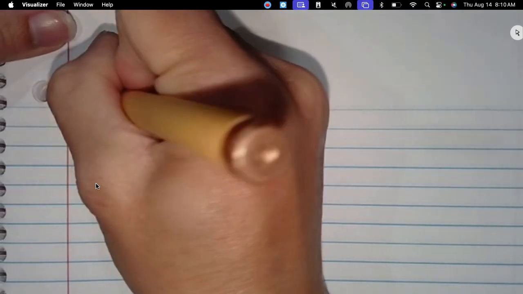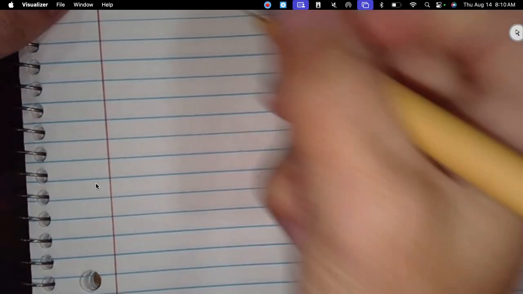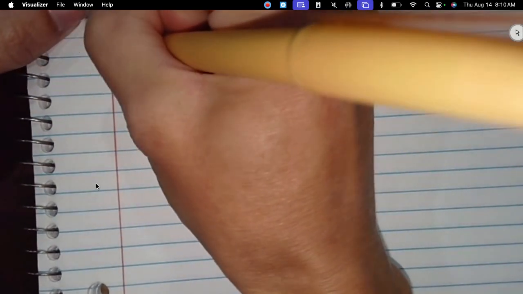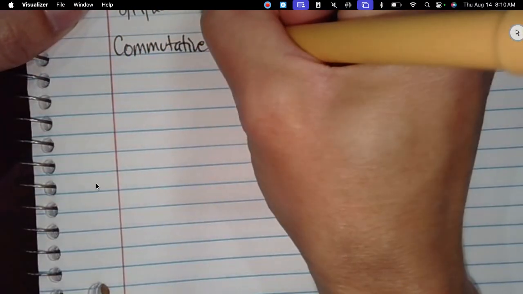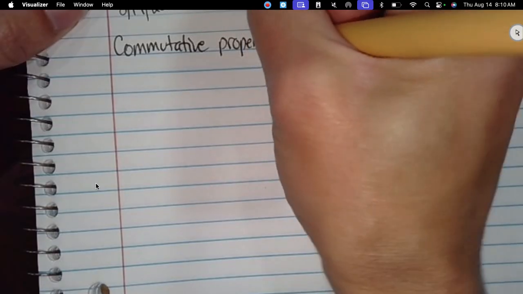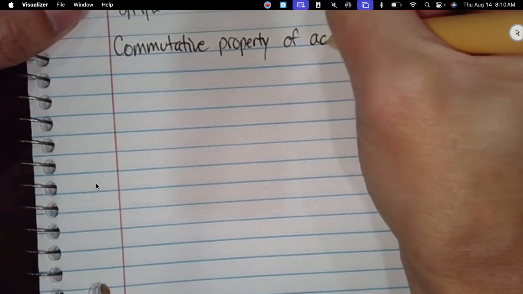You may want to write these down as well so that whenever you get your worksheet, you'll kind of know what they are. Today's the 14th. Okay. So your first property is commutative property. So we have commutative property of addition.